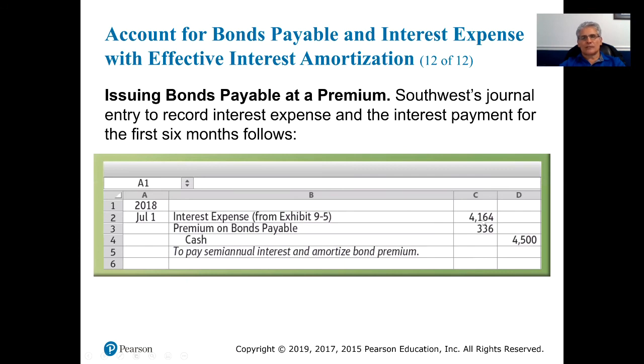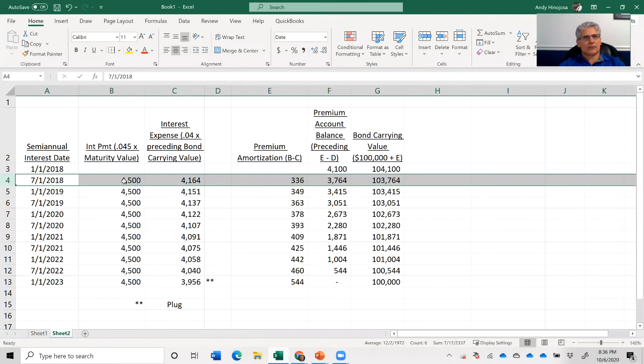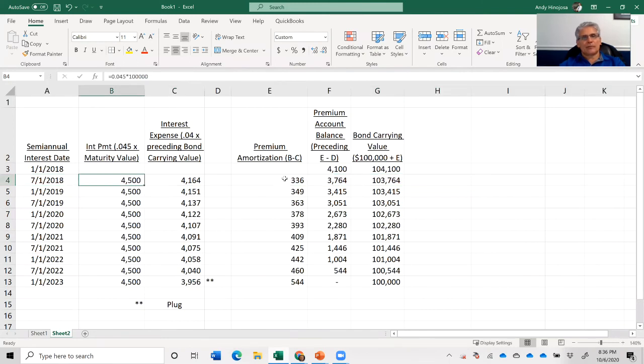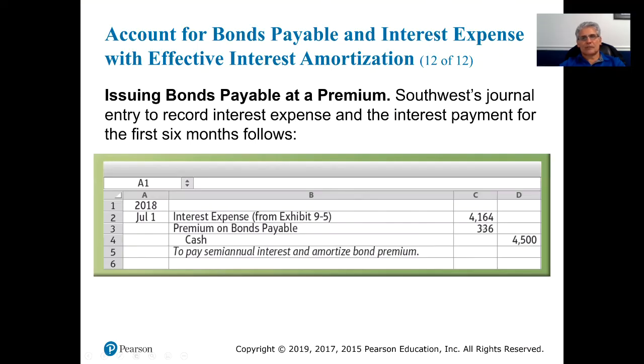Bingo, 4,164. The cash we're going to pay is 4,500. That's what's shown here. The difference is the premium amortization, 336. So once we've got it all computed on the table, we just follow the table and use that to record all the journal entries from then on.